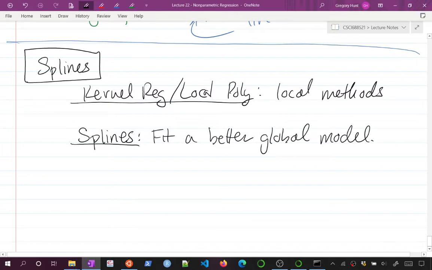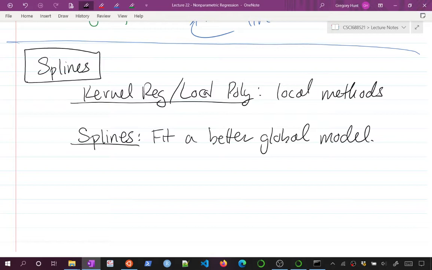So if we go back up to the beginning of our lecture, one of the reasons we like these more local methods like kernel regression or local polynomial regression is that something like a linear regression makes a very strong global assumption. It's linear over the entire space. It's not only linear at one end, but it's linear all the way at the other end. And oftentimes that doesn't work out very nicely.